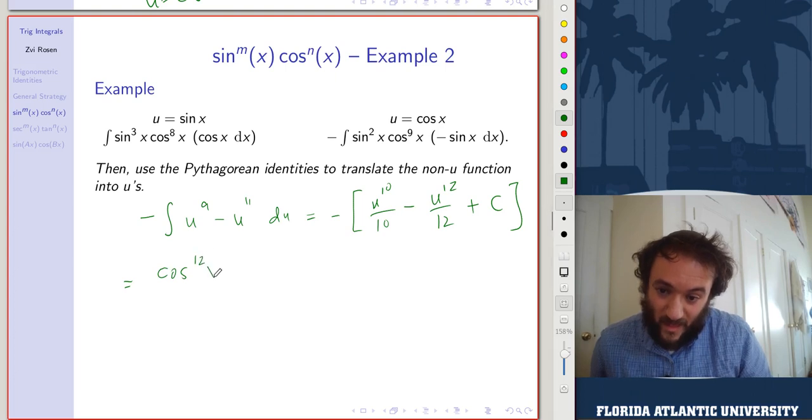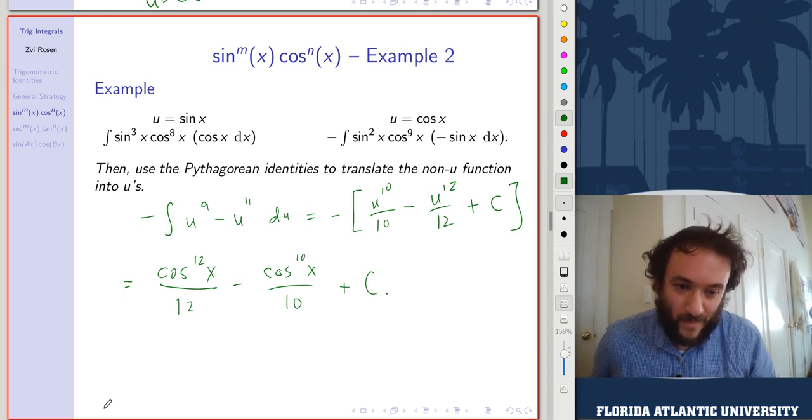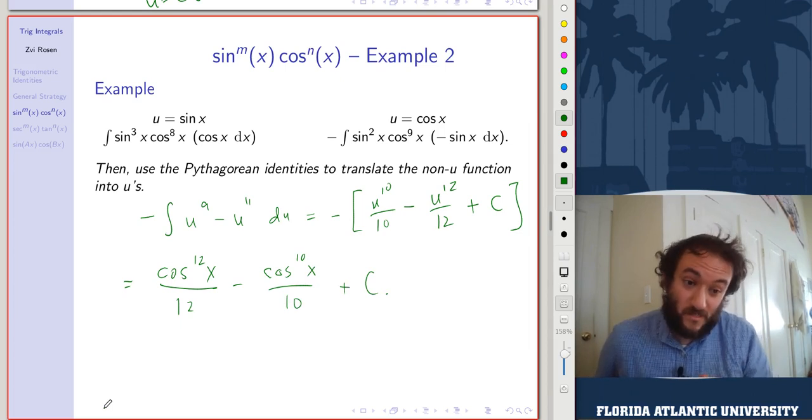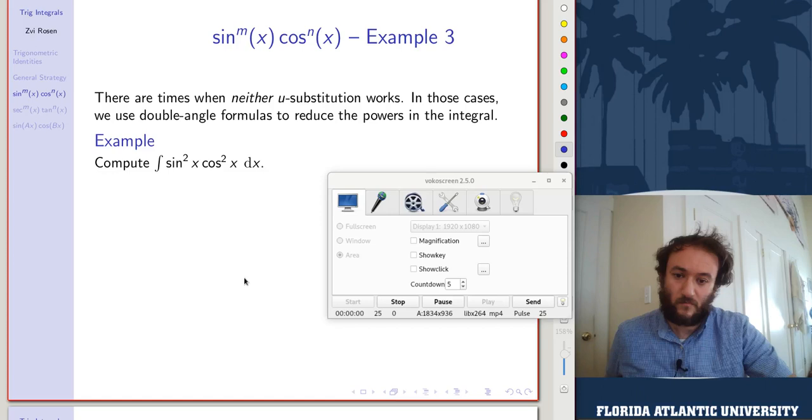Cosine to the 12th x divided by 12 minus cosine to the 10th x divided by 10 plus c. Okay, and yes, the c picks up a minus sign, but because it's an arbitrary constant, that's something we can ignore. Okay, so just to summarize, we saw a problem where both u substitutions were possible, but one was much nicer. One required a lot less multiplying out large powers, and so we chose that one.